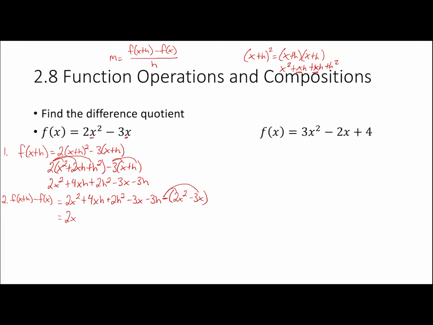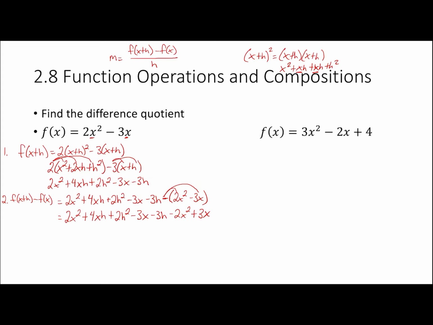So we're actually going to distribute that negative. If you don't distribute that negative, it's going to mess everything up. So in doing that, we're going to have 2x squared plus 4xh plus 2h squared minus 3x minus 3h minus 2x squared plus 3x.